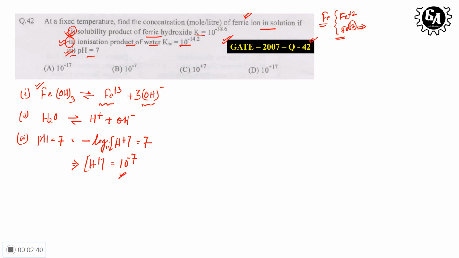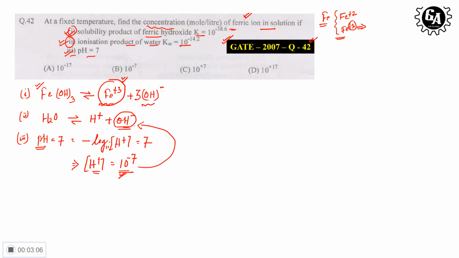So we have to calculate the concentration of the ferric ion. From the pH value, we get the H plus concentration. Now this H plus concentration we will put in the water reaction to find the OH minus.